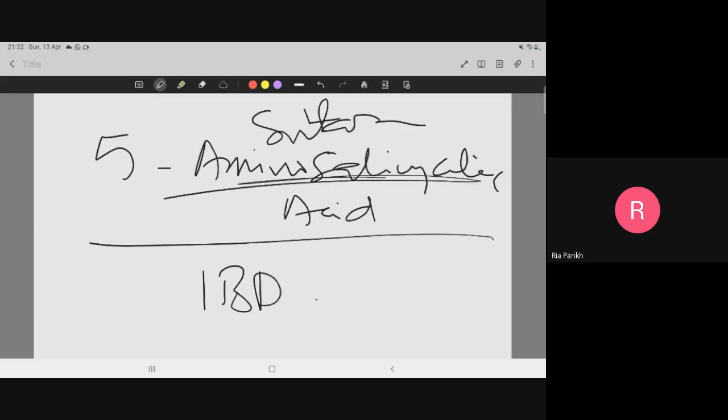It's 5-aminosalicylic acid, and this is anti-inflammatory. I remember it also has a component of antibacterial activity. Sulfasalazine is a mixture of an anti-inflammatory drug and an antibacterial drug, so it helps you with the IBD.